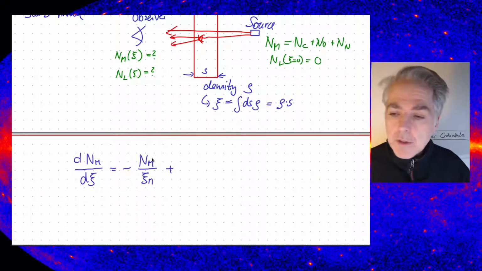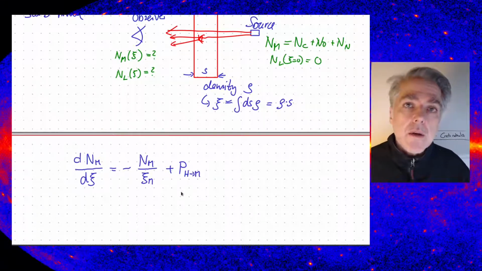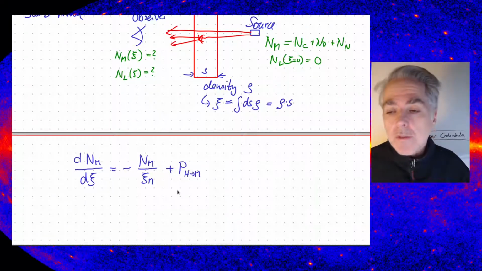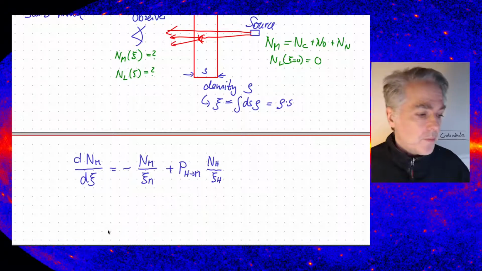Let me write that down. That would be, for example, the probability for a heavy nucleus to do spallation to produce a nucleus of the medium mass range. And then we would have here the number of particles which are heavier than our medium mass group divided by the corresponding interaction length Xi-h.